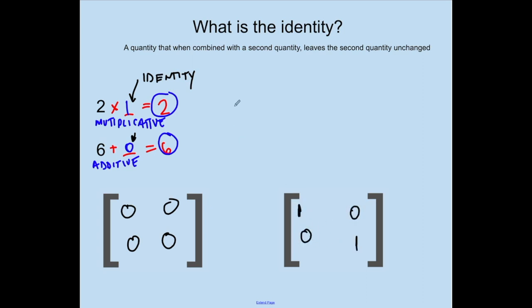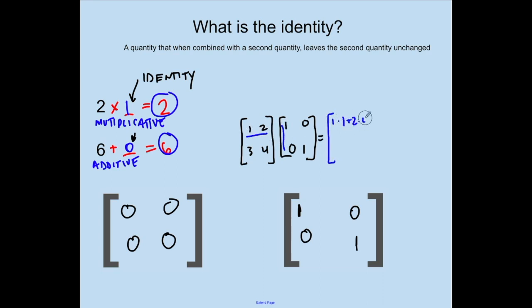And just to show you an example, let's say we have this matrix here: 1, 2, 3, 4. And we multiply it by our identity matrix, we should get the same thing. Well, let's see. It's going to be row times column. So here's a new matrix. It'll be 1 times 1 plus 2 times 0.